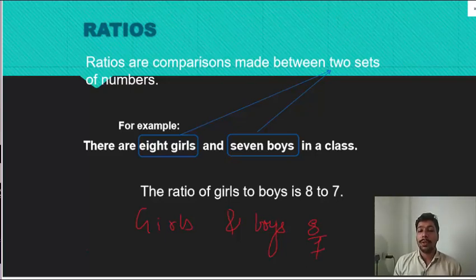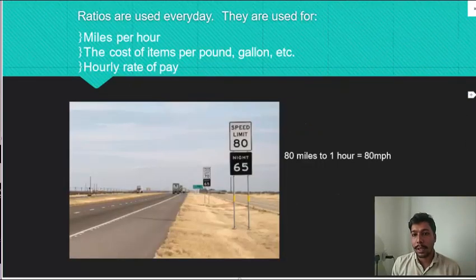Okay, so the logic behind this is if there are two quantities and we are comparing those quantities, so one quantity is compared with the other quantity. If one quantity is 8, for example, here girls are 8 and boys are 7, so the ratio between them is 8 is to 7.